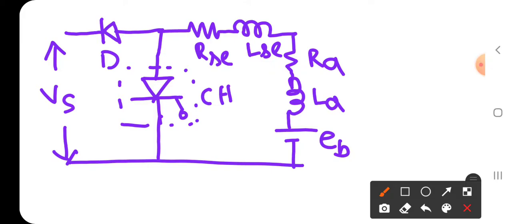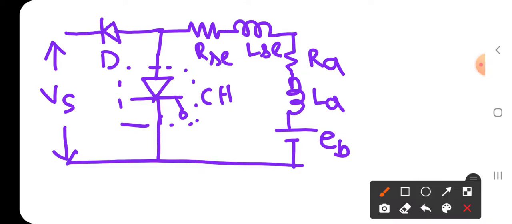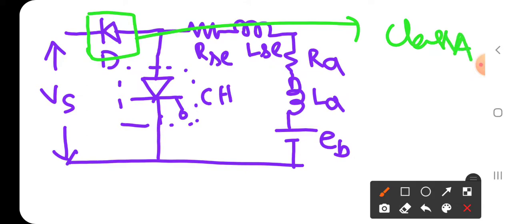From the figure, let me know whether this chopper is step up or step down, class A or class B. Just remember that if the chopper is connected at the source side, then it is class A or step down chopper.